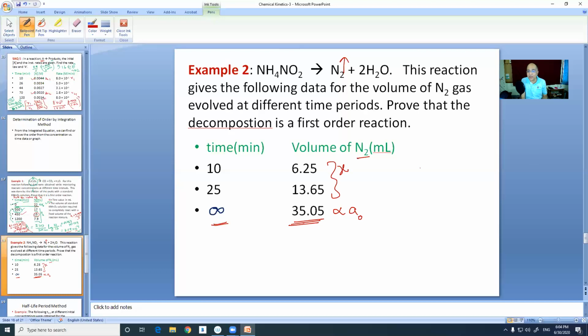So A0 minus X only can give you A. We need A in the denominator in the first order kinetics. So you have to prove that this is also a first order reaction. It is already given that you have to prove that. If it is not given, you can try first order. If you fail, at least 2 data.